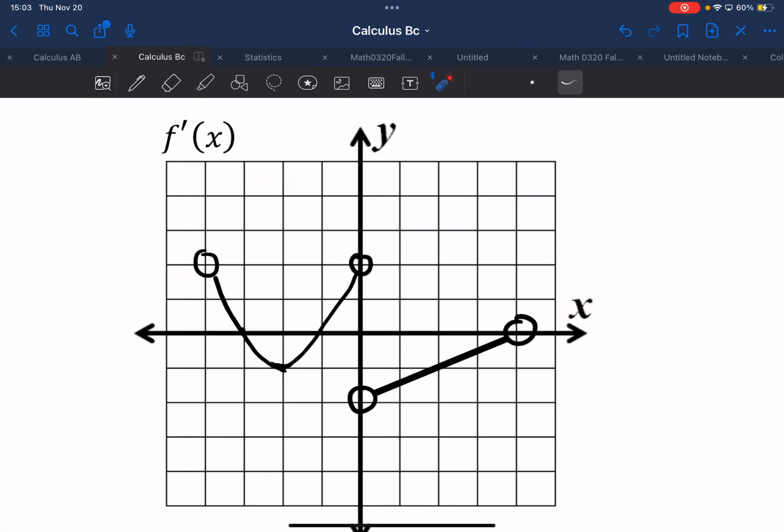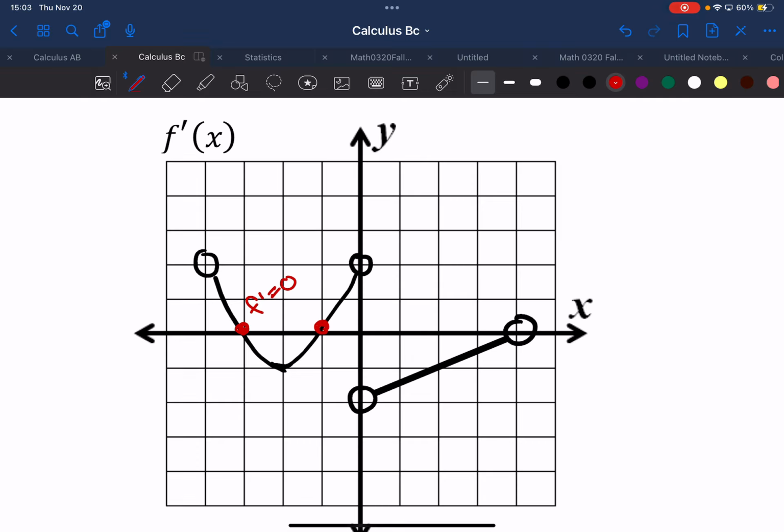Okay. The next thing that we can do, since this is the derivative, we know that we have critical points right here. Okay. And that is when f prime is equal to 0. We can also figure out if these are going to be maximum or minimum values by labeling if this is positive or negative.